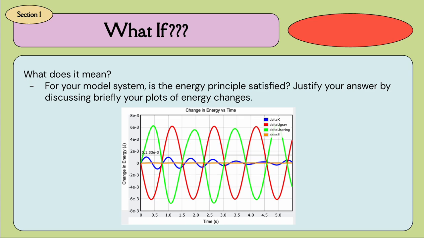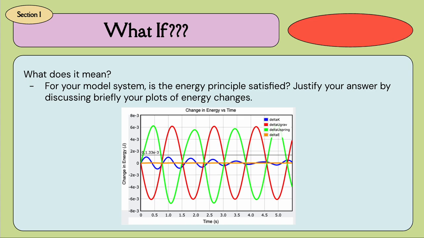As expected in a conservative system, energy is continuously changing between kinetic and potential forms, which confirms that no external forces like friction or air resistance are modeled, and also confirms the first law of thermodynamics, as mentioned earlier. This is exactly what we should expect in an ideal spring mass system. And the nearly flat delta E curve, or the total energy change, supports that the simulation obeys the conservation of energy principle.